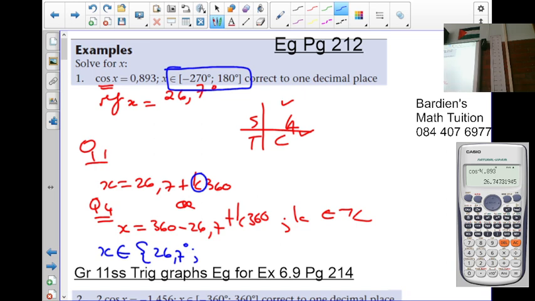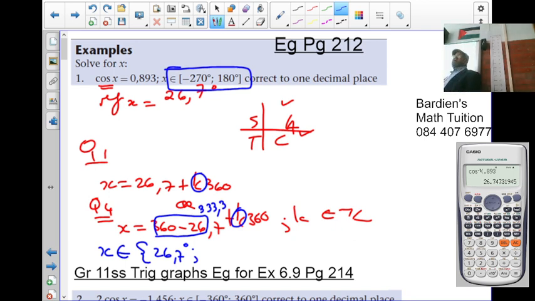Now we're going to put a 0 through here. People, what did this work out to be? 360 minus 26,7? 333,3 degrees. Okay. But are you sure? Yes, sir. Also that gave you minus 33. Right. But put 0 through here, so they give you 333,3.